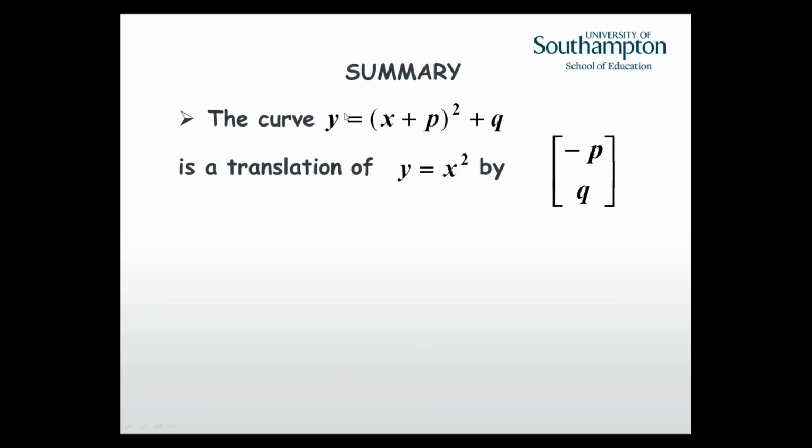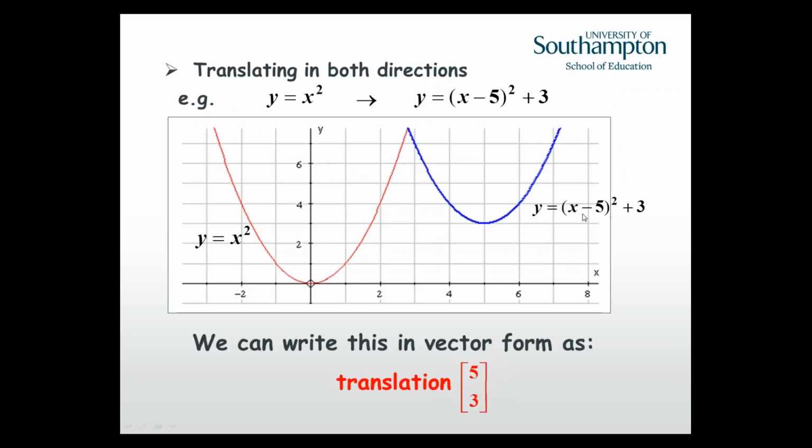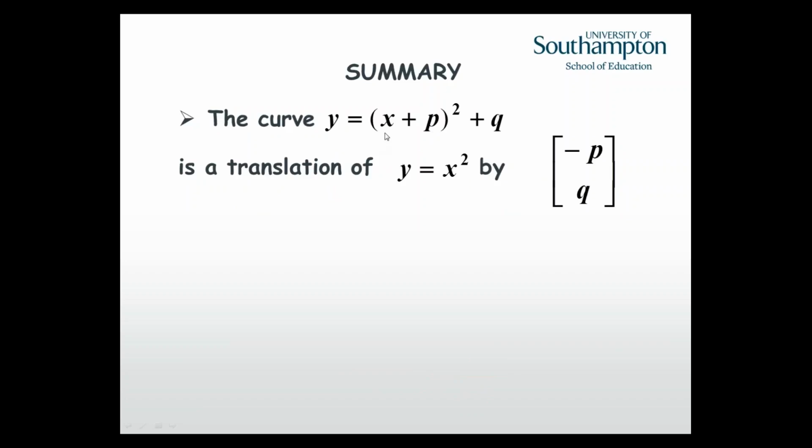So when we write it in this form, which is how we were doing it here, we've got something in brackets with a square and then something on the outside. So x plus p squared plus q, that's translated the graph of y equals x squared by minus p, I mean basically whatever the opposite sign of that is, and then by q. And so the vertex is now minus p, q.